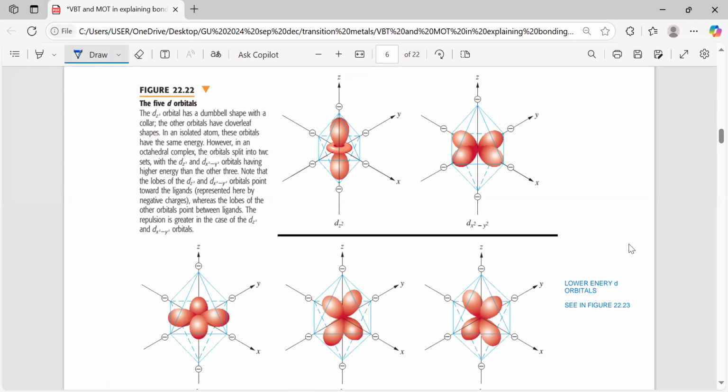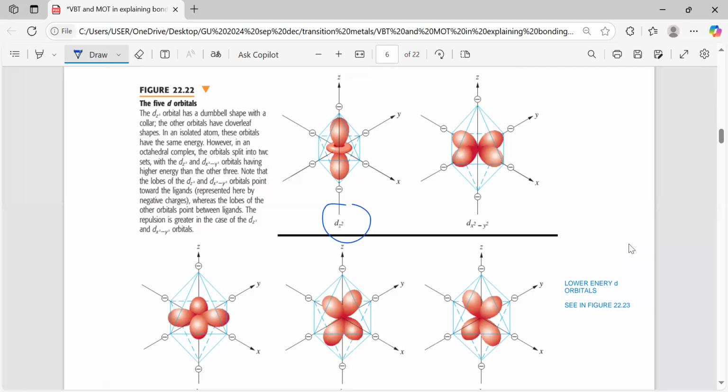But you need to understand how this came about so that when we go to the application, it's very easy for you to follow. We have 5 types of d orbitals, and each of them has a different shape. The first type is dz squared.